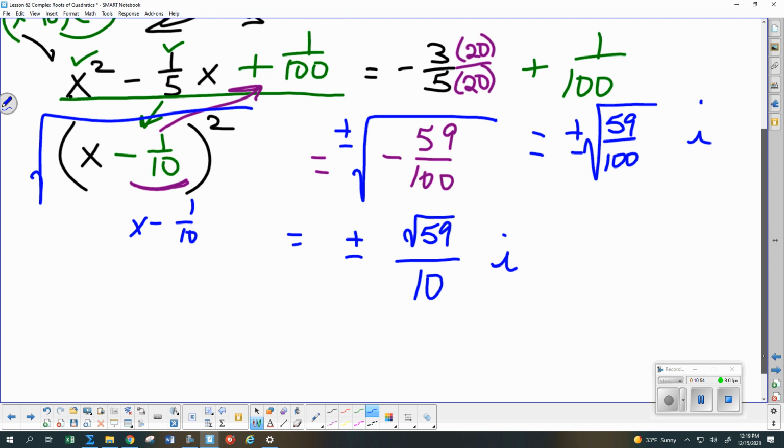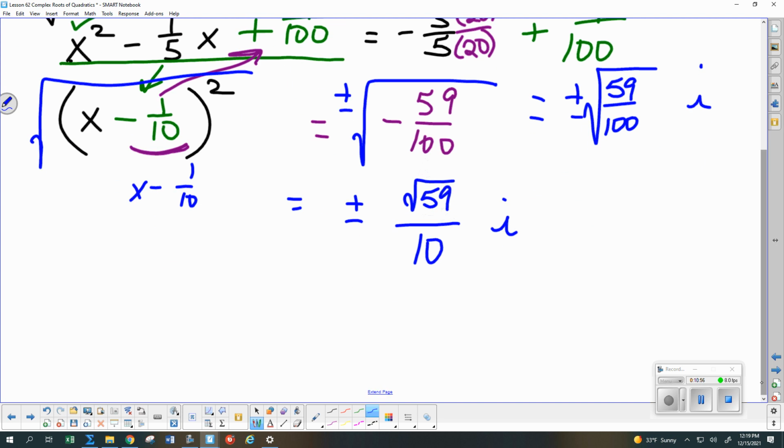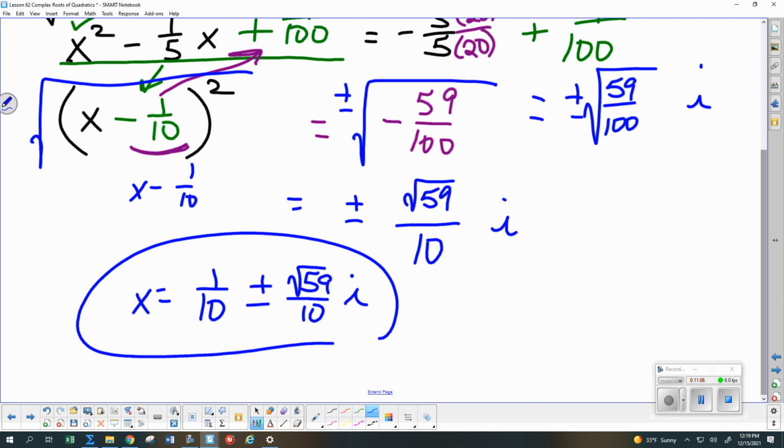Final step, add the 1/10 to both sides, and x is 1/10 plus or minus root 59 over 10 times I, and we just got two complex answers, two complex roots for this quadratic equation.